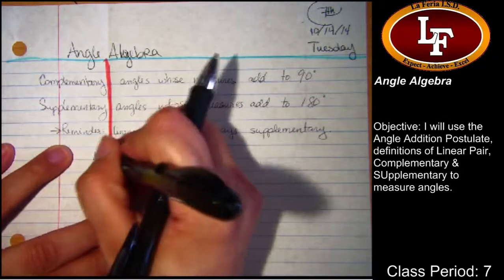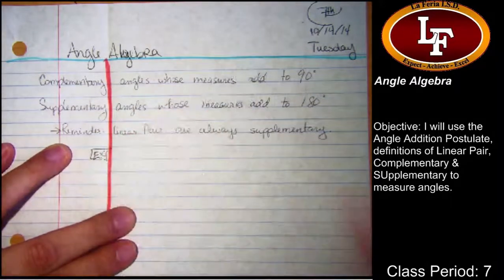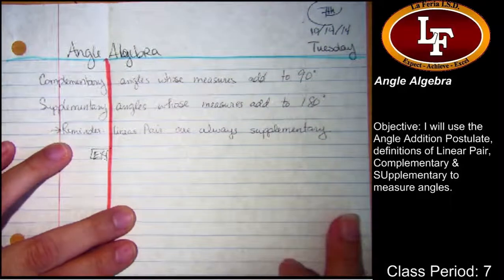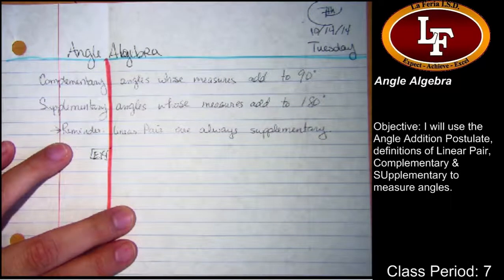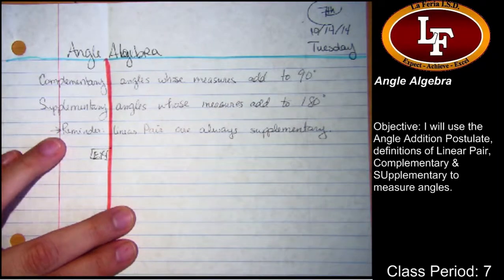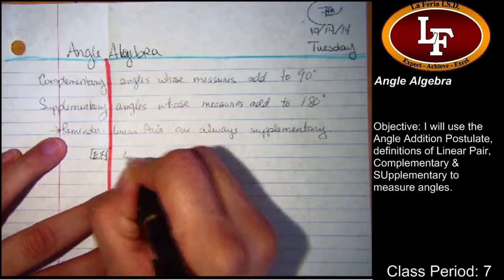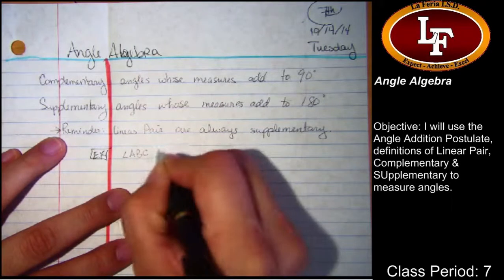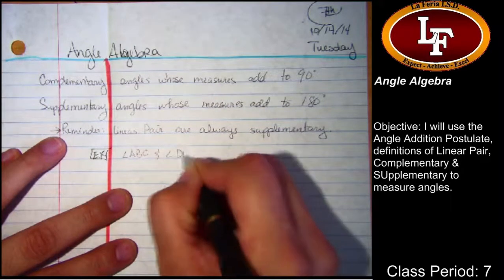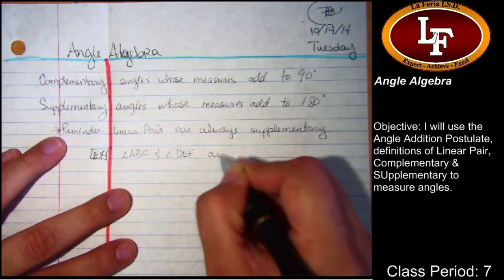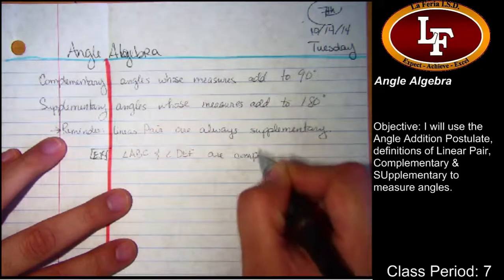All right, here's the example. Somewhere on the CBA or somewhere in one of the pages of your blue book, you're going to see angle ABC and angle DEF are complementary.